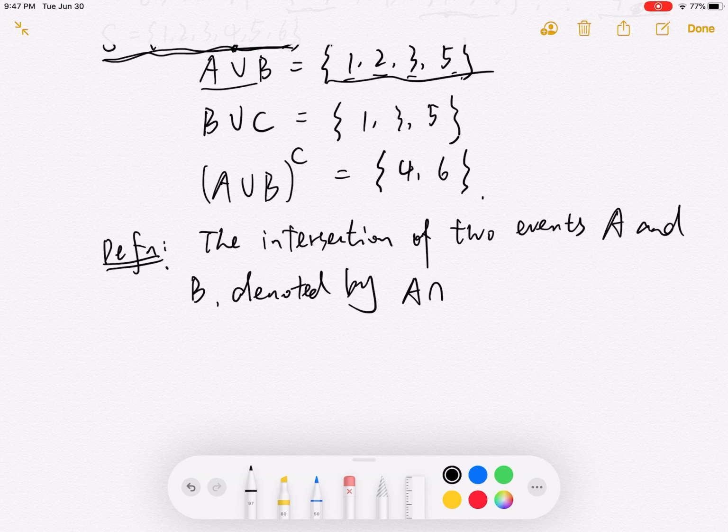let's take a look at the definition of experiment.